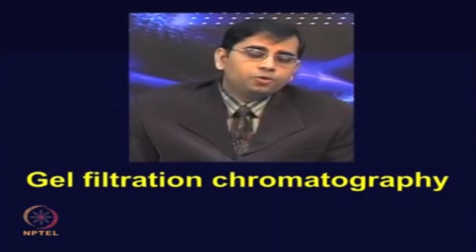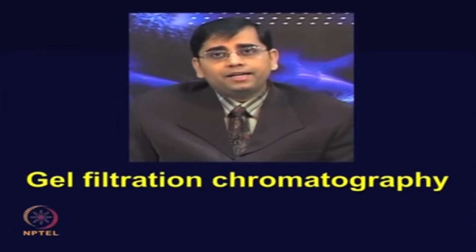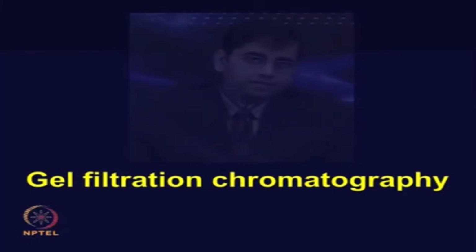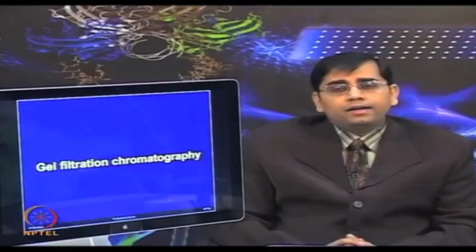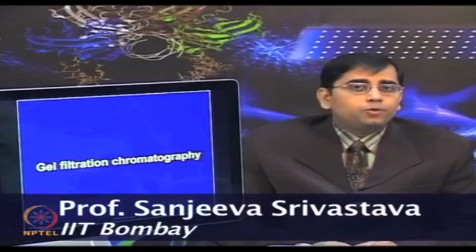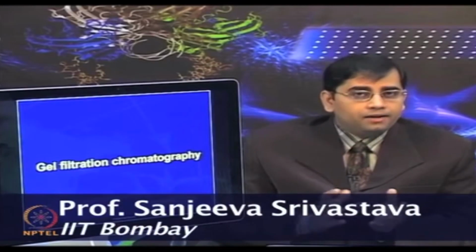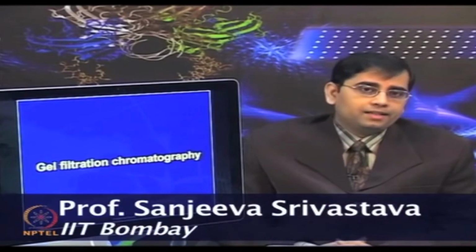Gel filtration chromatography separates proteins on the basis of difference in size. It is used to separate a protein of interest from protein mixtures that are larger or smaller in size.